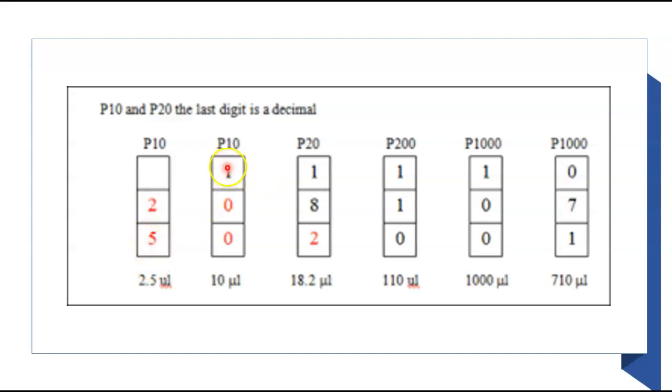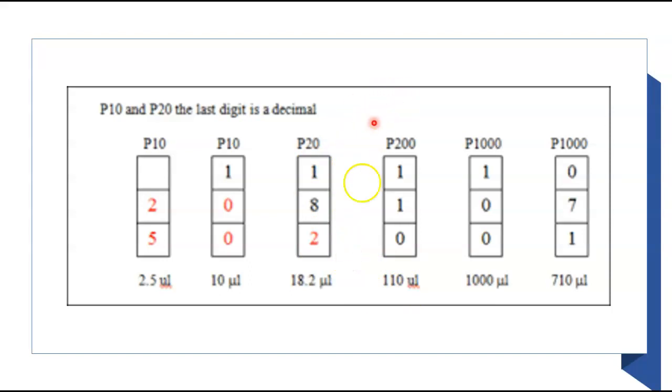P10 can hold a maximum of 10 microliters, so this would be 10, and there's a decimal here, and this is 0. If you have 2.5, this would be 2.5, and there's no digit here. The same goes with the P20. If you had 20 microliters, this would be 200, because there would be a decimal here. If you have 18.2, it would be 18.2.